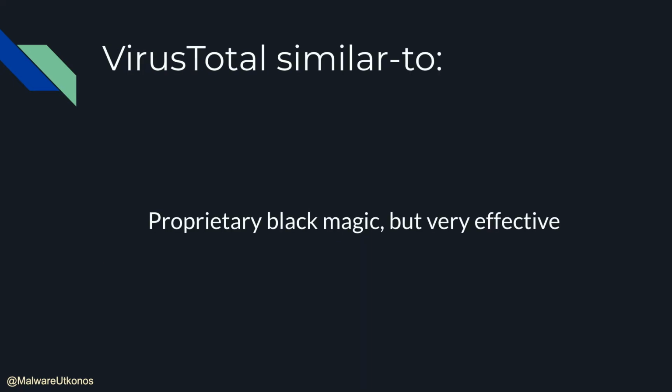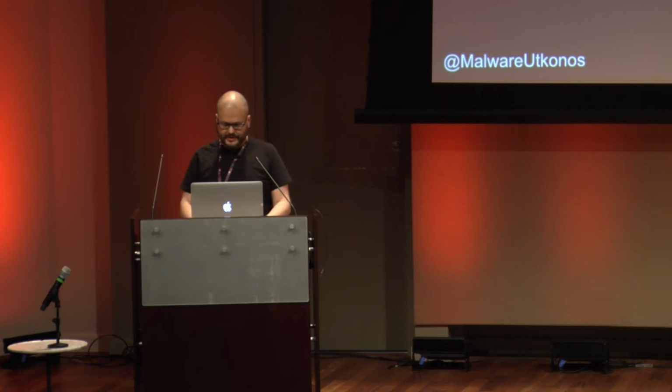Now, I'm going to talk about a couple of things that are proprietary, but a lot of people probably have access to them. VirusTotal has VirusTotal Intelligence, where you can submit a file and take a look at their proprietary black magic of finding related files.